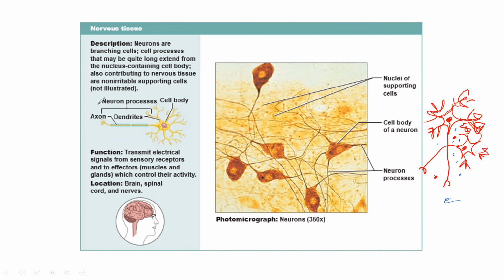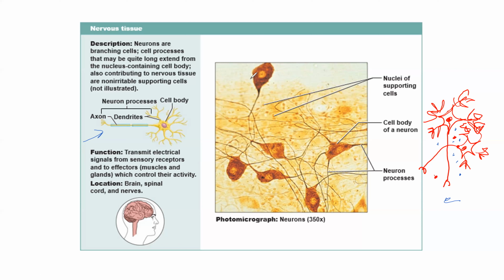You can see also a diagram of a neuron. So here's our cell body. And we have smaller and numerous processes called dendrites, and they are highly branched, and we have a longer axon. Dendrites and axons are called neuron processes. Function: transmit electrical signals from sensory receptors and to effectors, muscles and glands, which control their activity.